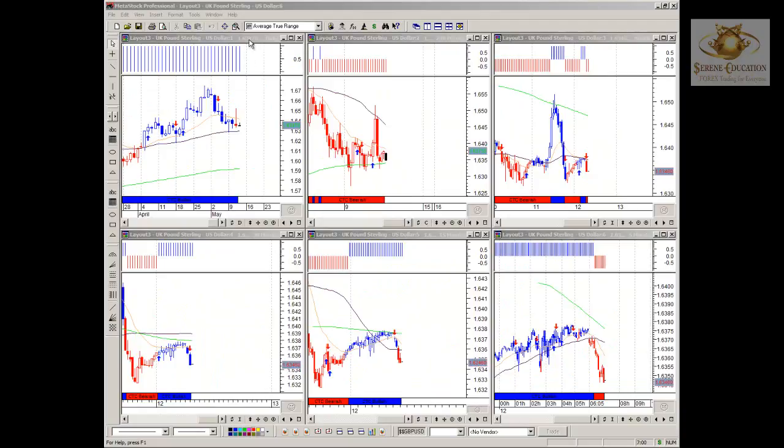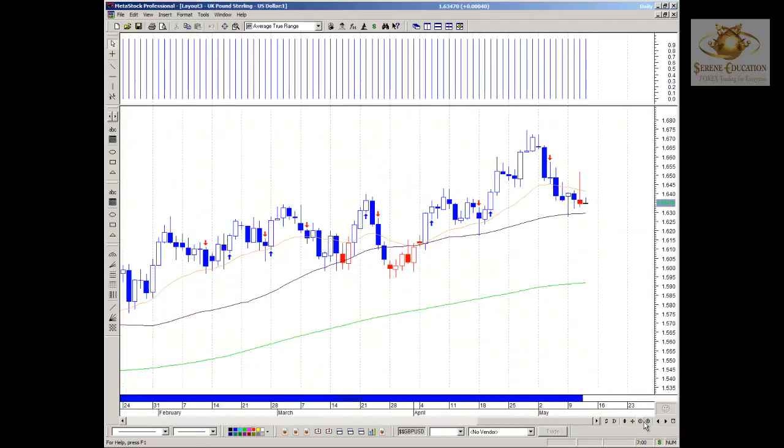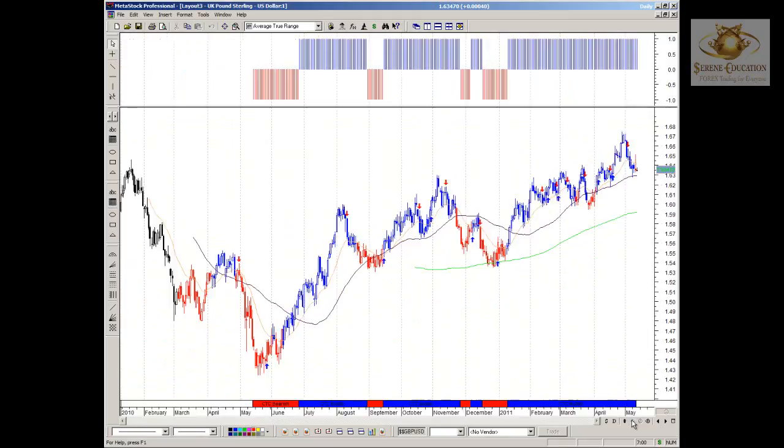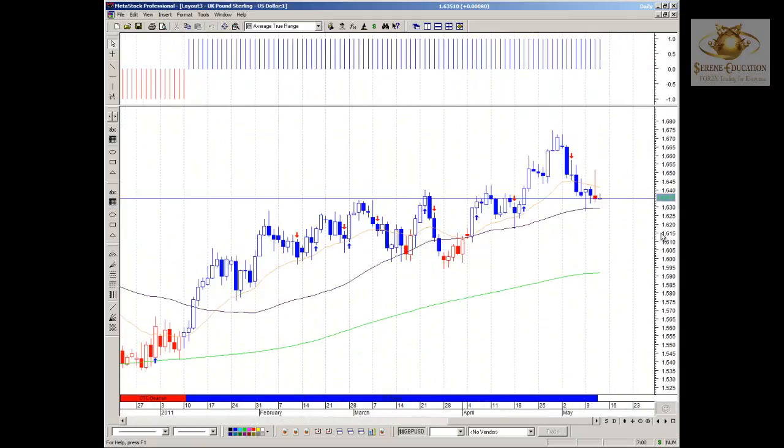Next up is sterling. Let's have a look at the daily. Very volatile day yesterday. Price is in a definite pullback. CTC is still positive though, and if we just zoom out, you can see that price is testing a support and resistance level at an all-time level around about the 1.6350 mark.